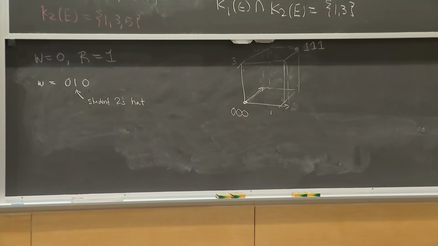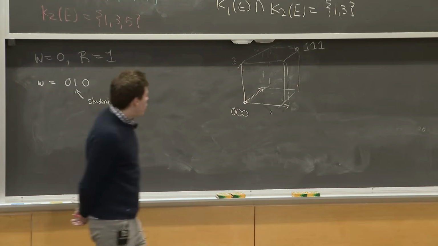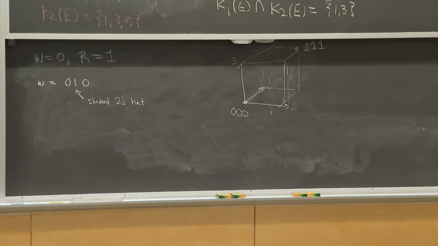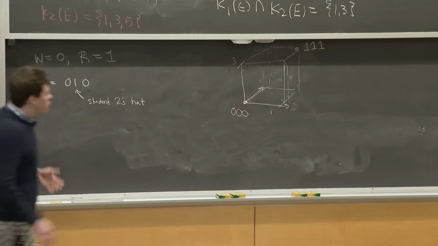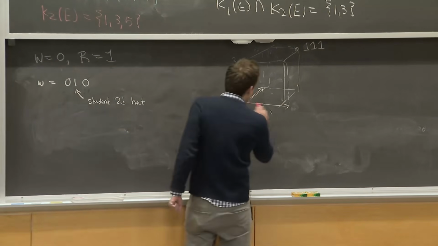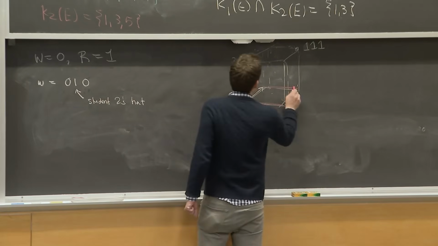So now let's think about the information partitions. What is player 1's information partition? Well, player 1's partition has 4 cells. Player 1 observes the colors of the other 2 students' hats, but they don't observe their own hat. So we can think of each cell of the partition as being a horizontal line.